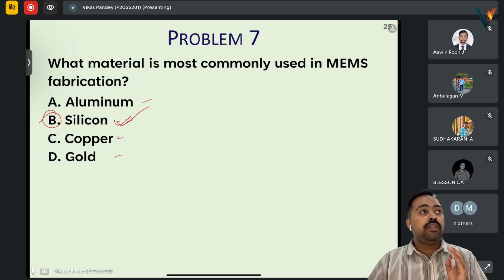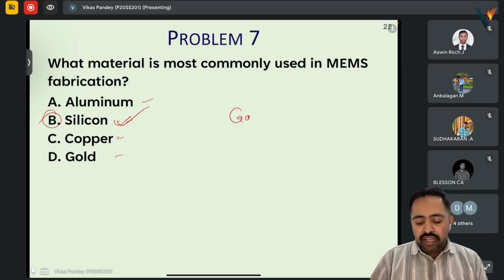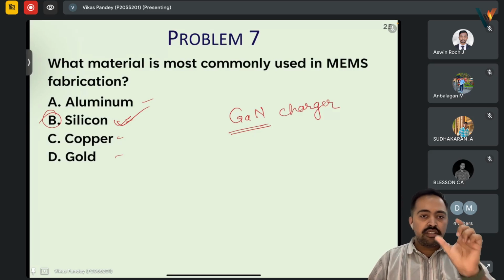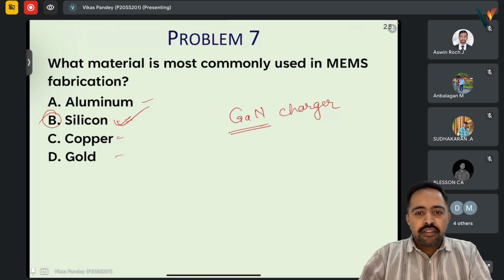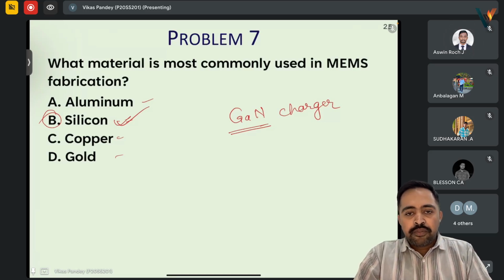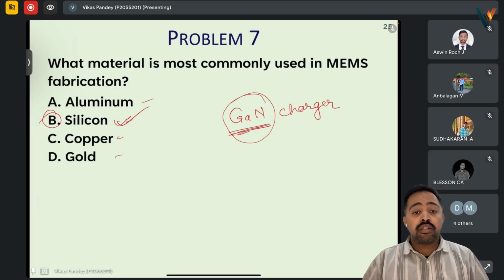Now some of you might be hearing that something called a GaN charger exists, right? Anyone knows about GaN chargers? Someone says that it's a GaN charger and it's smaller in size. Yes, the charging brick. So that is again a semiconductor, just like silicon, although it is a compound semiconductor, but it has properties much better than silicon.